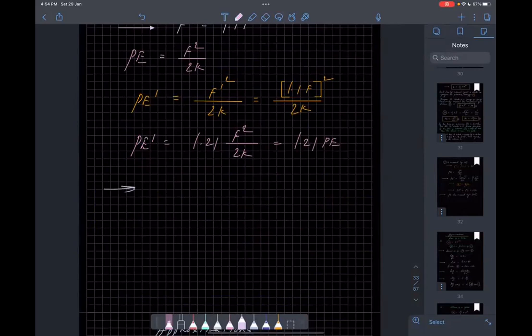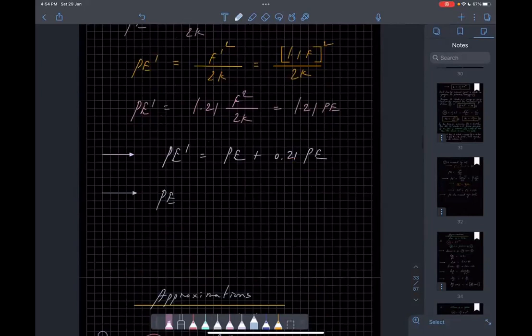So PE prime can be written as PE plus 0.21PE. So 0.21PE is nothing but 21%. PE increases by 21%. Clear.